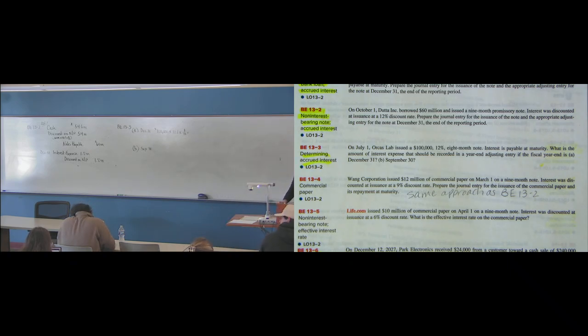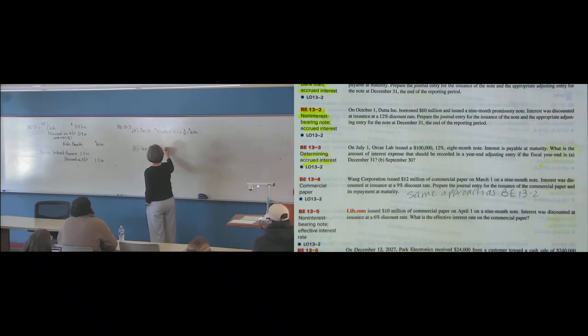What do you get? You get 6,000, okay. So I didn't ask for the journal entry, but this is very simply a debit to interest expense and a credit to interest payable on December 31st. If you want some practice, you could probably do all the journal entries with each of these. Wouldn't that be fun? All right, so this is all it's asking for, though. That's all I'm going to ask you to do.